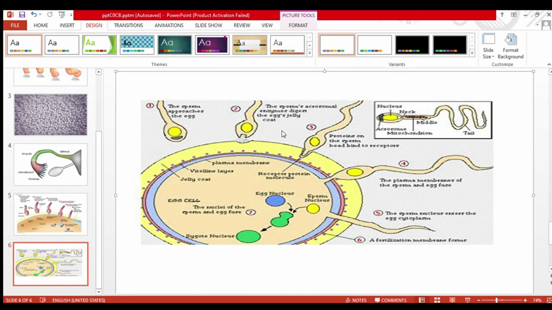The nucleus of the mature ovum is now called the female pronucleus, and the nucleus of the sperm is called the male pronucleus. This is the female pronucleus and this is the male pronucleus. Male and female pronuclei fuse, forming a zygote, a new cell from which a new life will start.